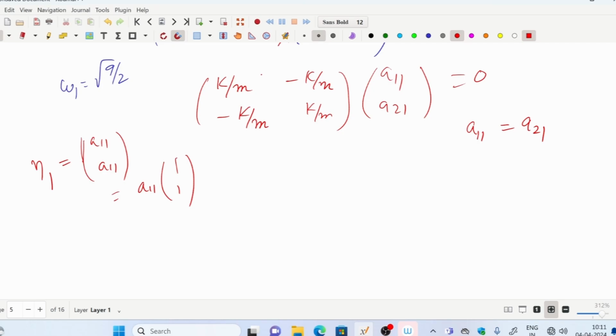Similarly, consider omega 2 equal to root g by L plus 2k by m.